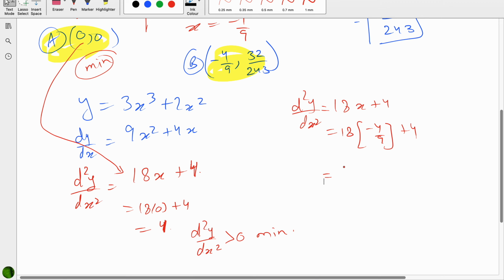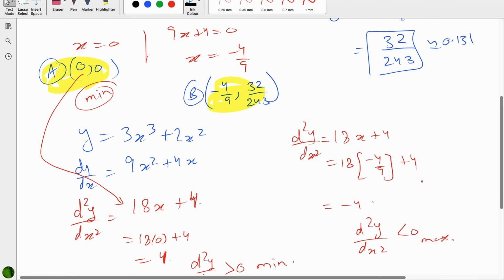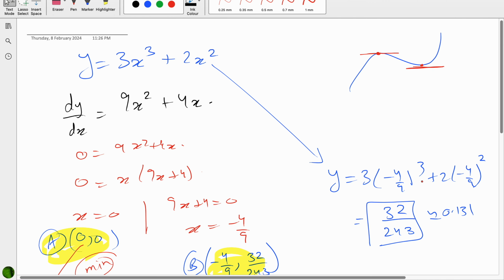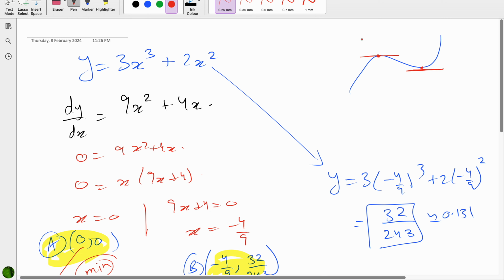So 18 into negative 4 divided by 9 plus 4, I'm getting minus 4. So this negative right here, d square y by dx square is less than 0, is a maximum point. So I would know this point right here is negative 4 by 9 and 32 by 243, and this point right here is 0, 0.